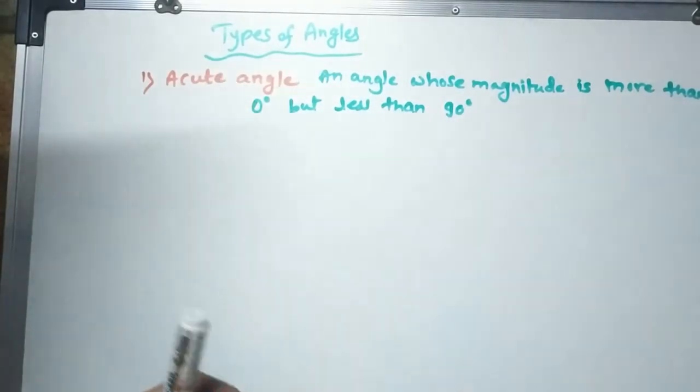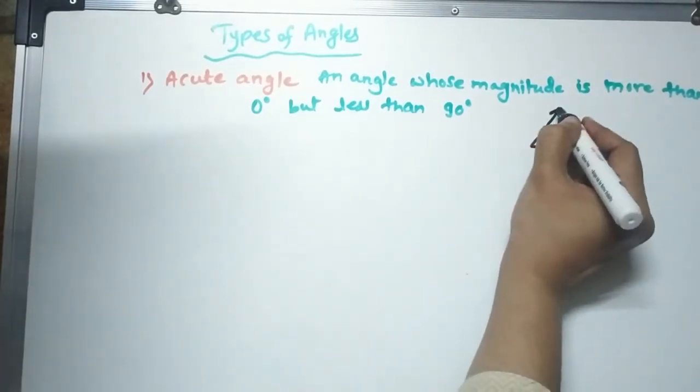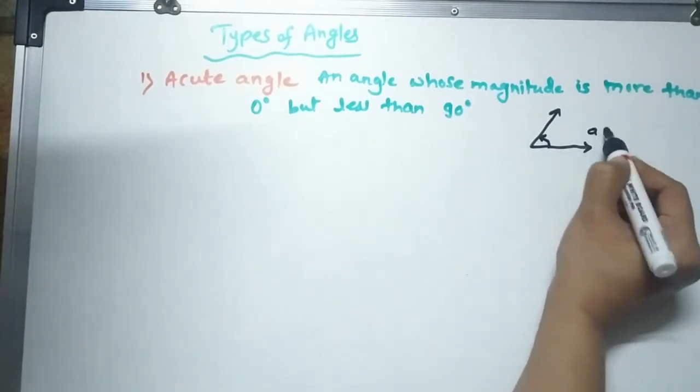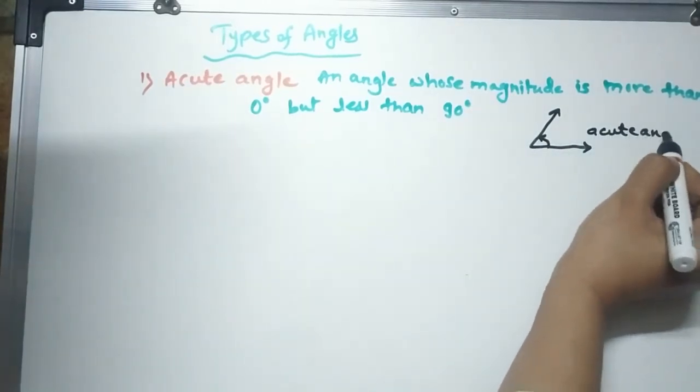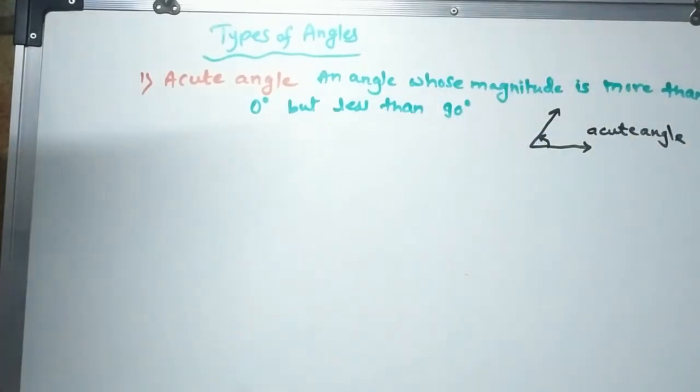You can call it an acute angle. If you want, you can see it is going to be like this. This angle is going to be an acute angle because it is more than 0 but less than 90 degree.